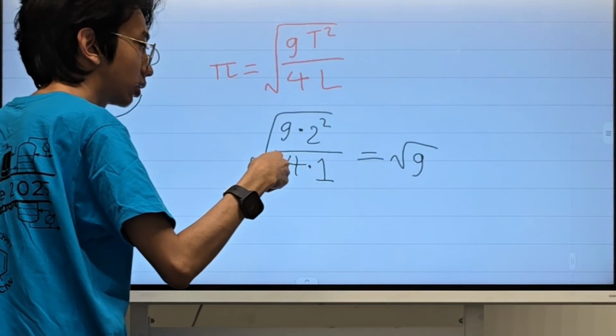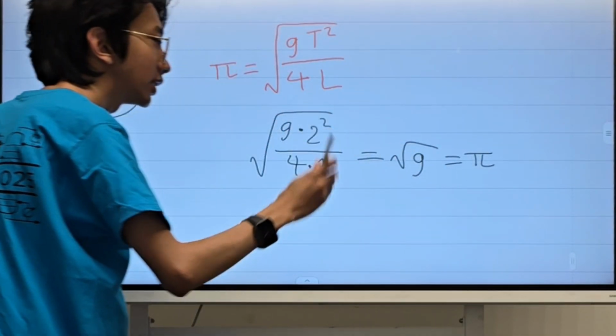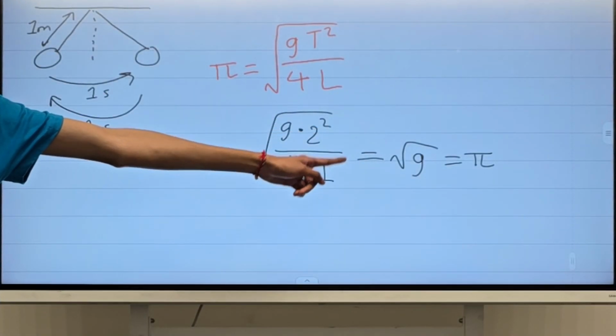That's it, they cancel out. So basically, pi is approximately equal to the square root of g.